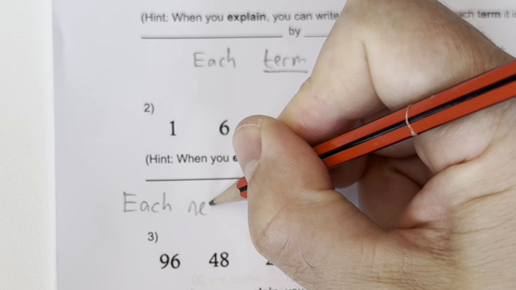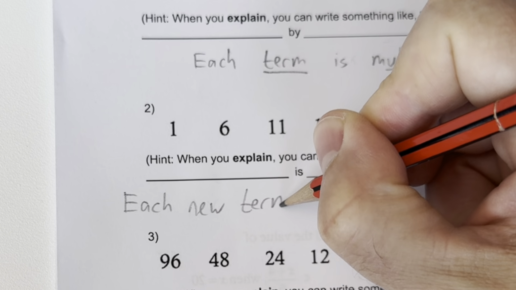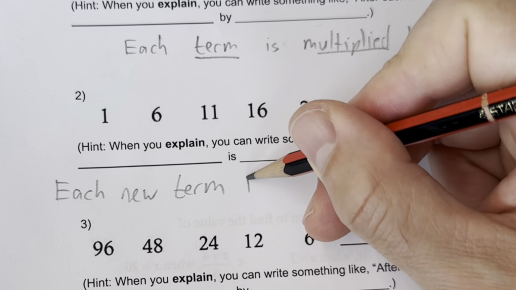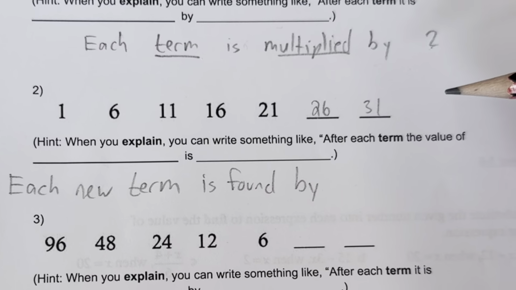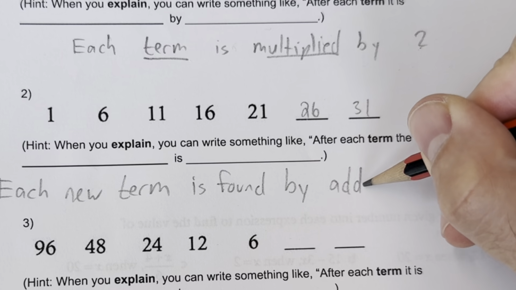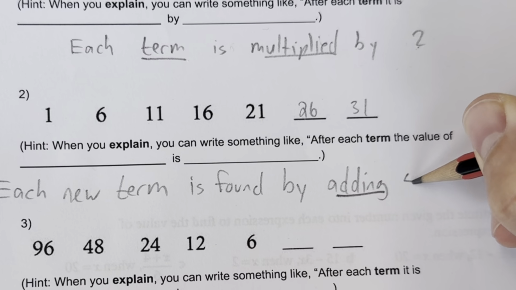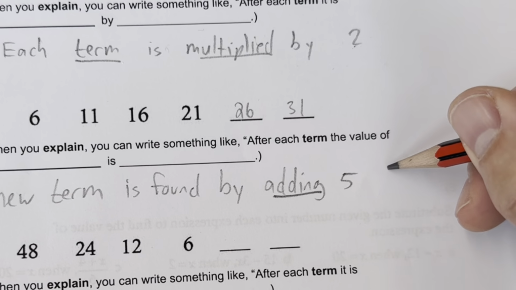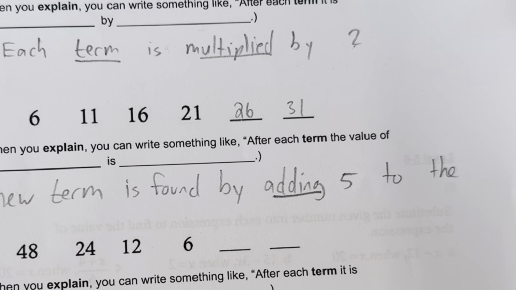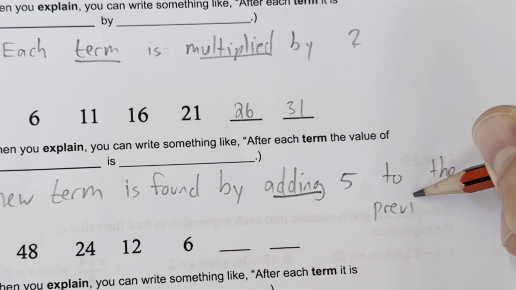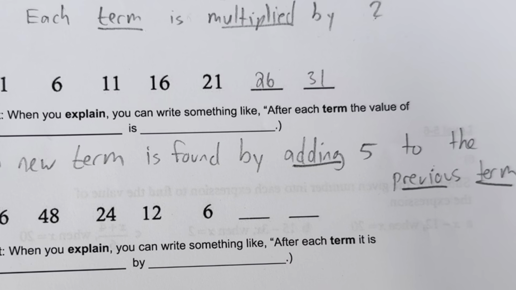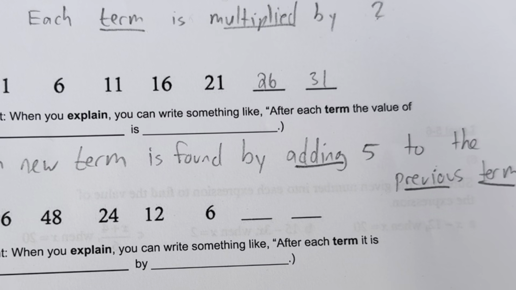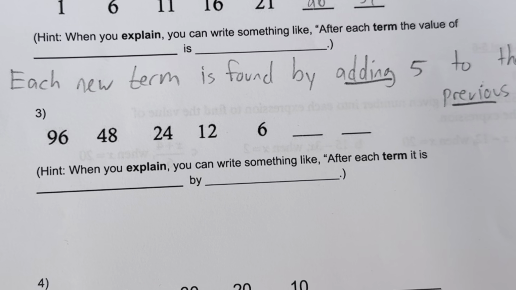Each new term is found by adding, there's a good math word, 5, I'm running out of space, to the previous term. There you go. And again, we're just trying to understand what's happening in between on each one. All right, let's go to the next one.